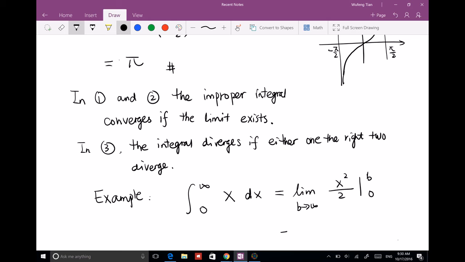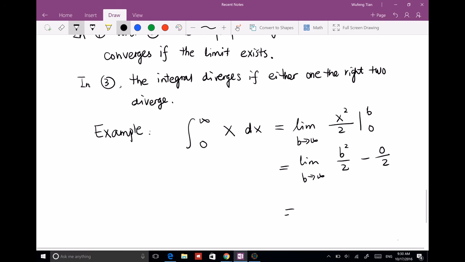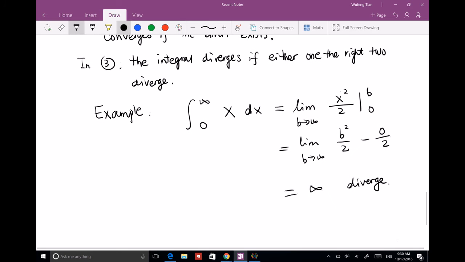So now it's the limit as b goes to infinity of half of b squared minus half of 0 squared, which is 0. Infinity squared is infinity, over 2 is still infinity. So this whole thing is infinity, and that means it diverges. That makes sense, right? Because the limit does not exist, the whole thing diverges.